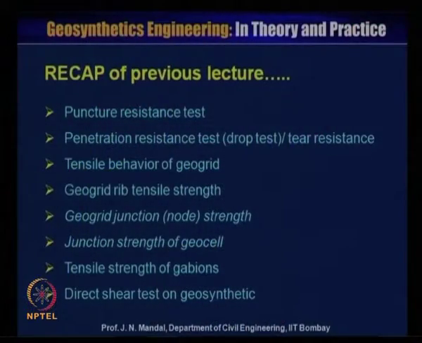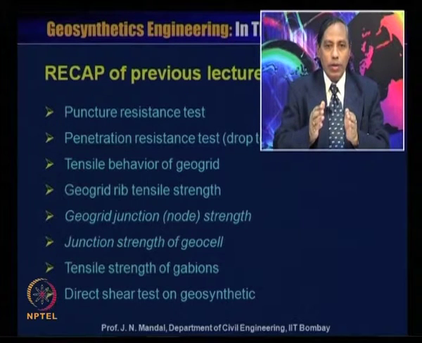Recap of previous lecture. We have covered puncture resistance test, penetration resistance test or drop test or tear resistance, tensile behavior of geogrid material, geogrid rip tensile strength, geogrid junction or node strength, junction strength of geocell, tensile strength of gabion, and direct shear test on geosynthetics.